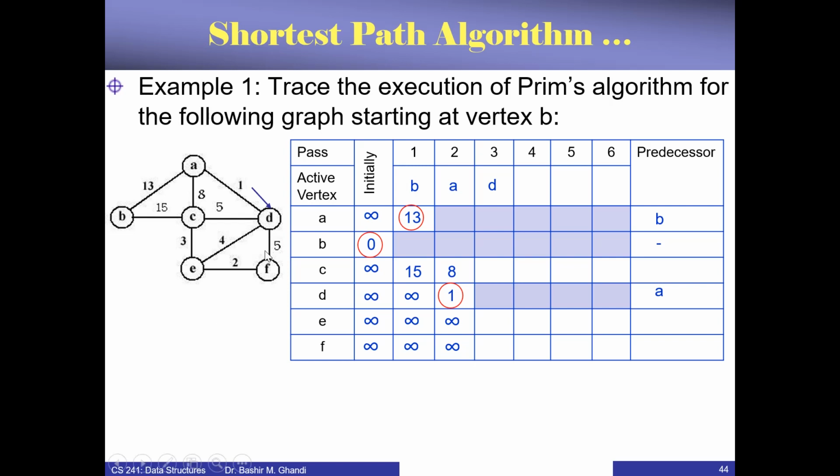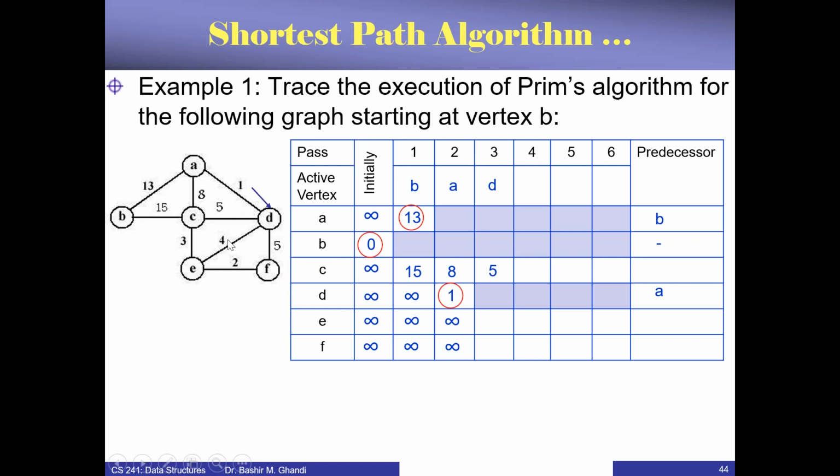Repeat the same question. From D, where can you reach, from those vertices that are not yet finalized? We have not yet finalized C, so we can reach C from D. And you can see it will give us an even smaller cost. It was 15, then 8, and now 5. So we're going to accept that.